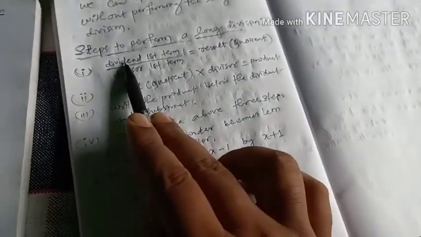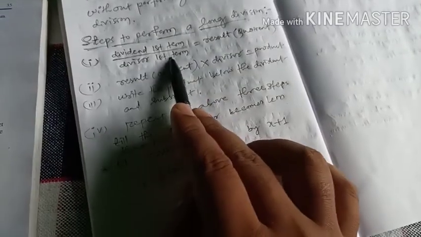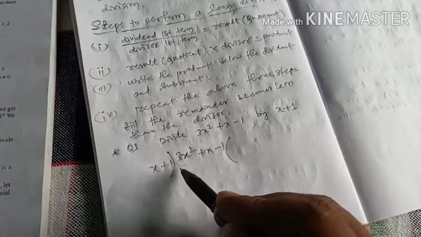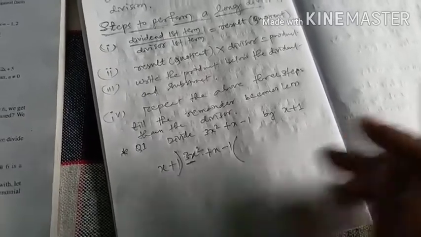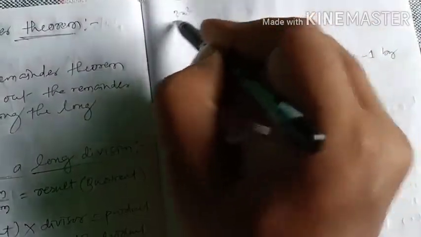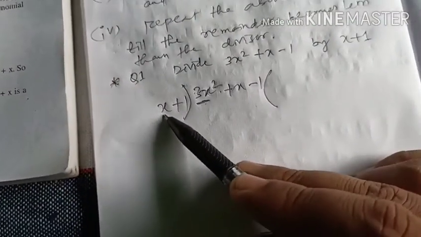For the process, the first step is the first term of the dividend divided by the first term of the divisor. What is the first term of the dividend? 3x square. So we write the first term of the dividend, 3x square, divided by the first term of the divisor, that is x.